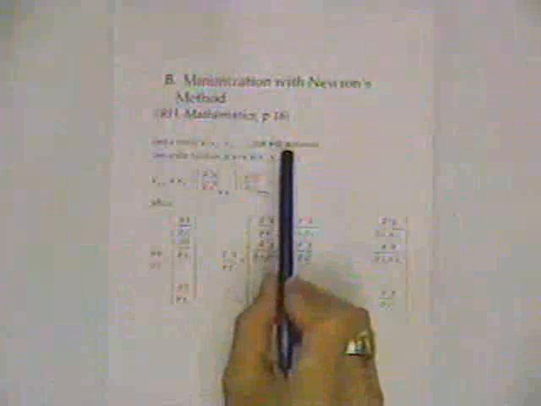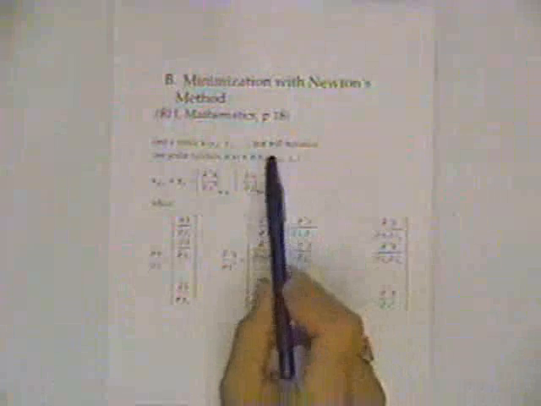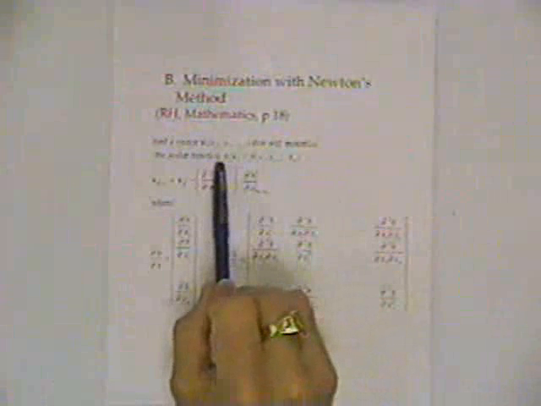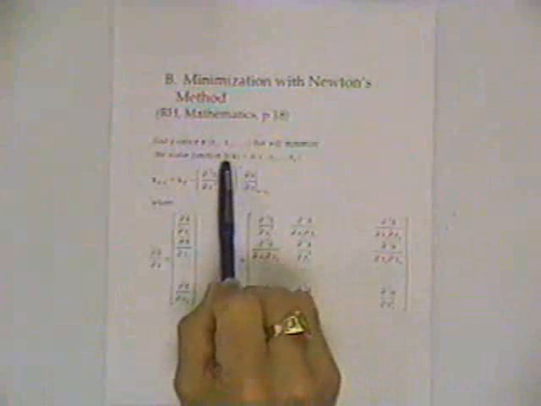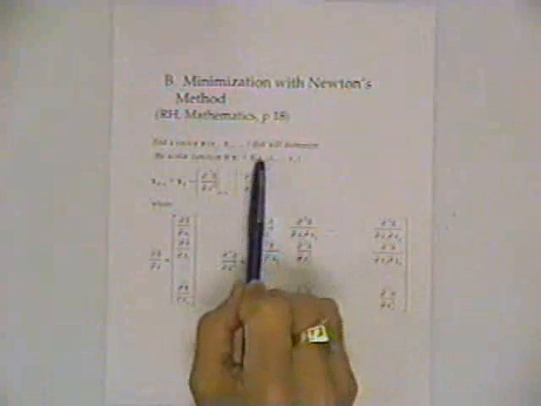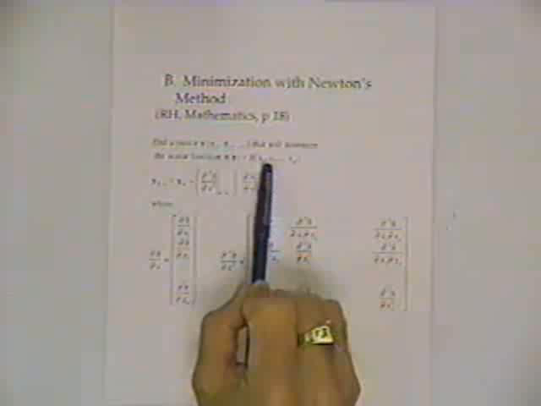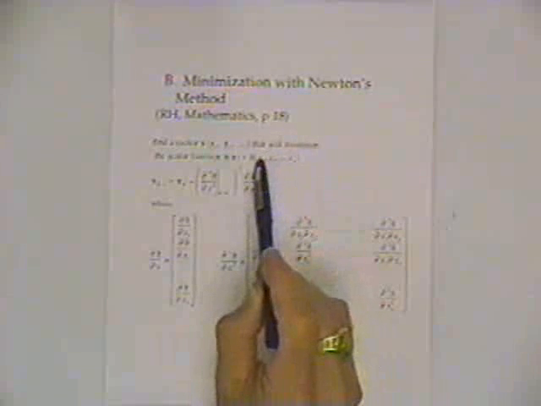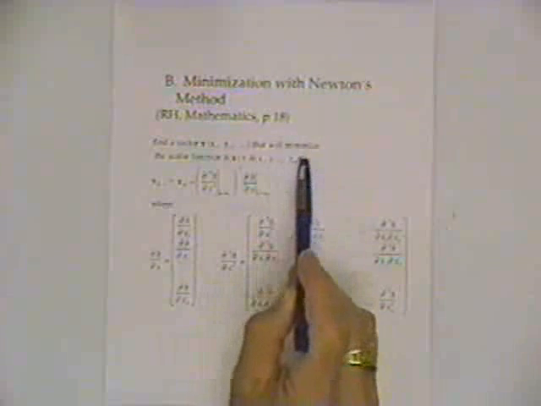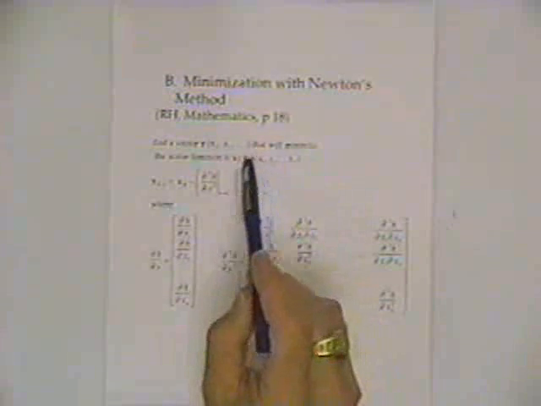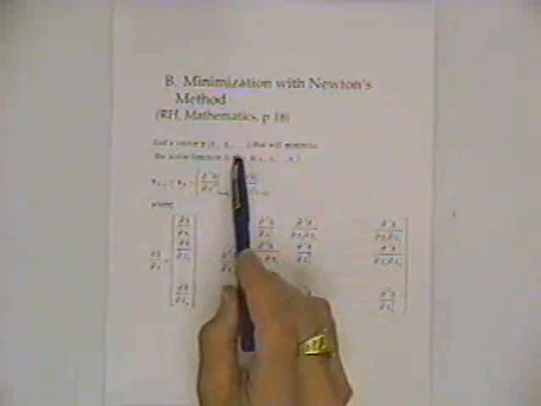What this numerical method is good for is to find the solution of a scalar function, in this case called h of x. In this case, x is a vector. In other words, it has values x1, x2, x3. So what you have to do is find separate values of the variables x1, x2, x3, and so forth, up to xn in the general problem, that will minimize this function h.